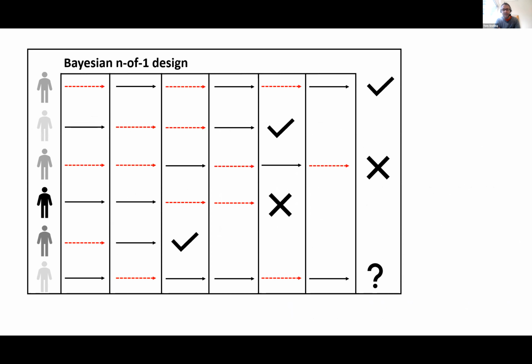Because the flavor of this seminar is around drug discovery, I thought I might say something also about Bayesian N of 1 trial designs. While people have talked about N of 1 designs quite a lot, there hasn't been a lot of implementation of these Bayesian N of 1 designs, but they are appealing for situations where you've got a diverse patient population.